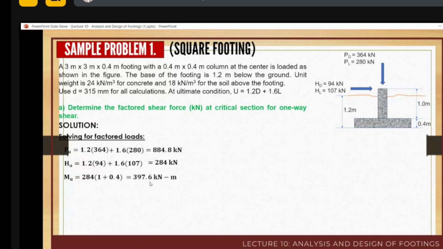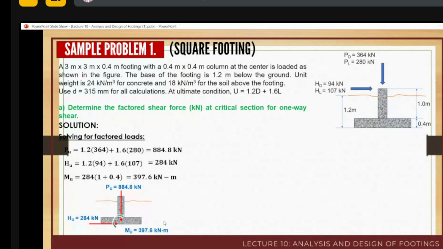So for MU, you have to compute the moment induced by this horizontal loading to our column.